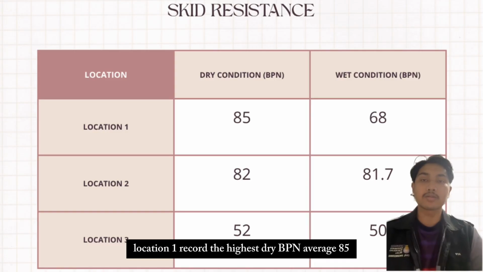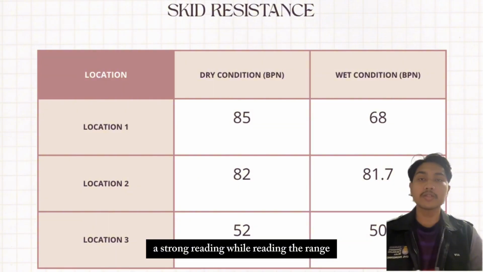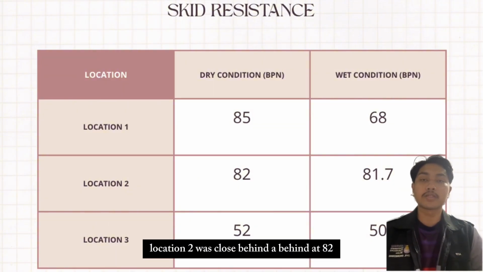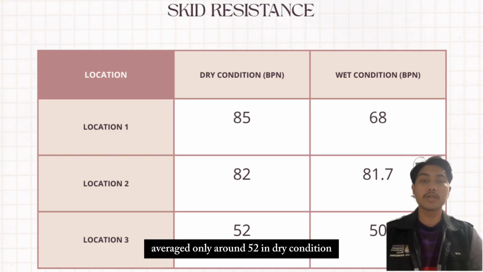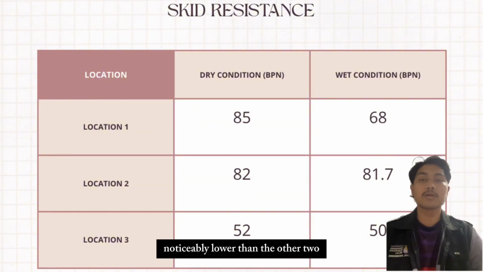Location 1 recorded the highest dry BPN, averaging 85, a strong reading within the range typically considered very good for asphalt surface. Location 2 was close behind at 82. Location 3, however, averaged only around 52 in dry condition, noticeably lower than the other 2.